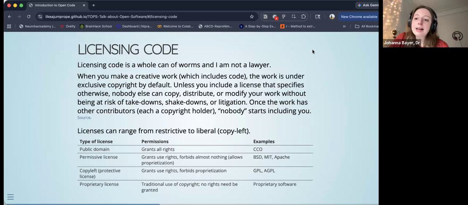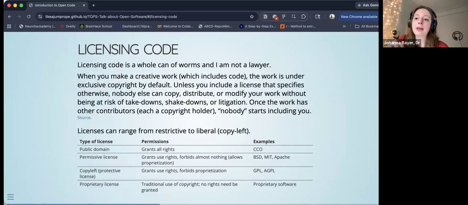So yeah, then licensing, and this is actually an interesting one because you should always license your code. The reason is that if you don't put a license on your code base, basically the contribution that has been made belongs to the person that has contributed.